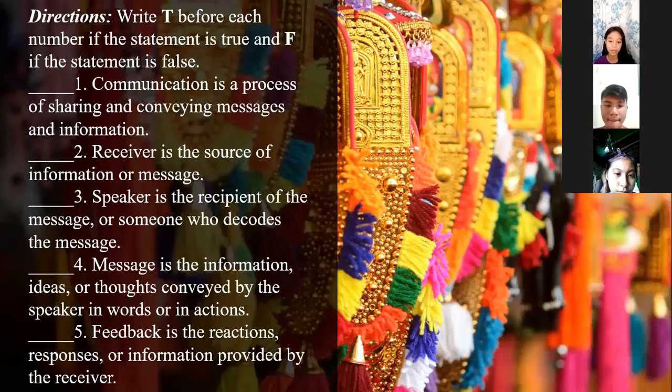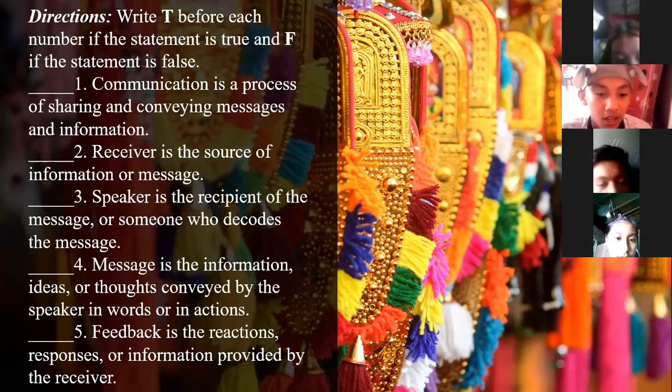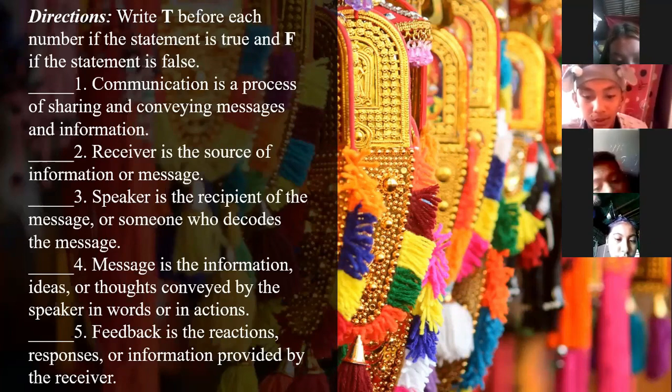Okay. Next number. It's okay, I can hear you. Number 4. How about JV, number 4? Message is the information, ideas, or thoughts conveyed by the speaker in word or in action. True. So your answer for 4 is true.